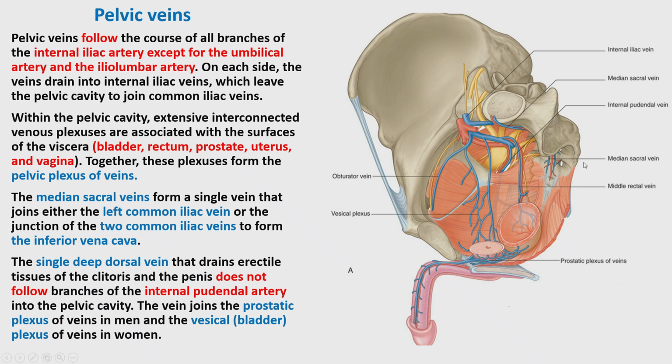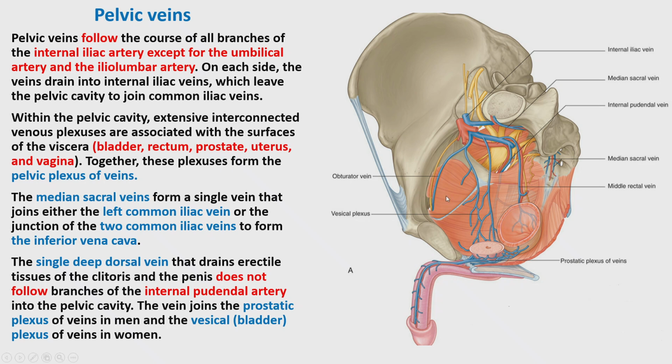So generally in the pelvic cavity, the venous system around the organs makes a plexus. We don't have one single vein, for example, for the internal pudendal, for the rectum, for the superior vesical, inferior vesical artery, but around the viscera or around the organs, the veins in the pelvic region make plexuses.